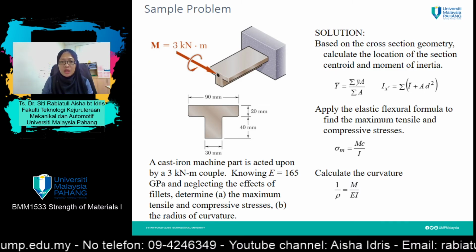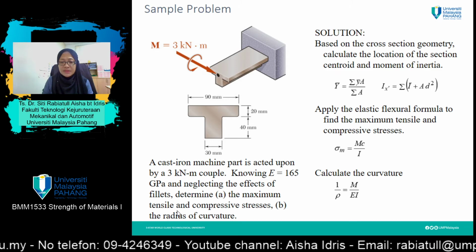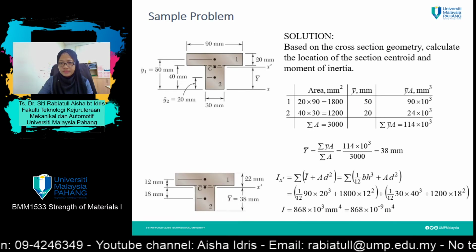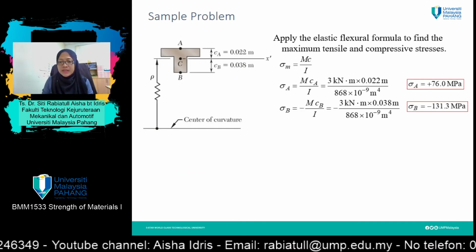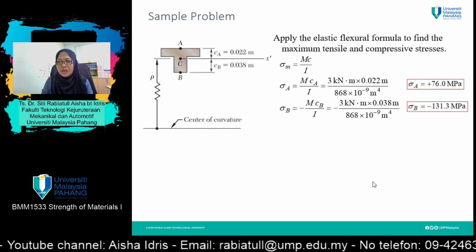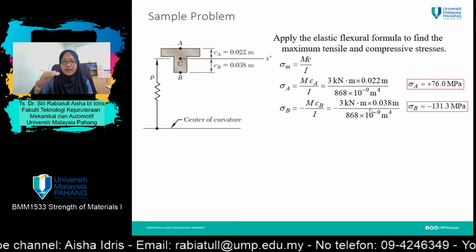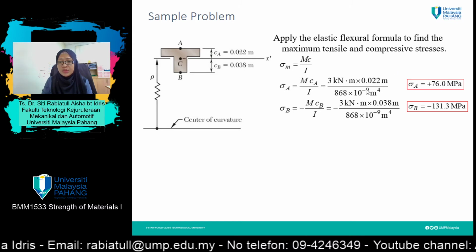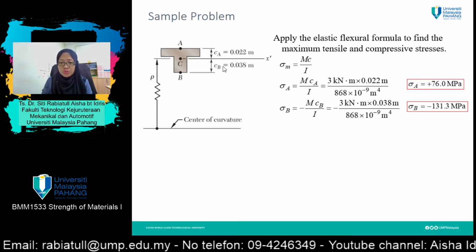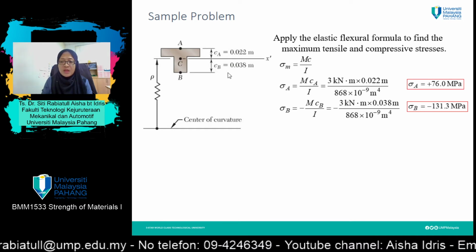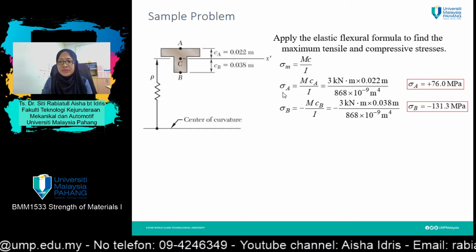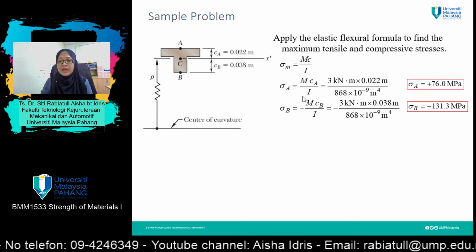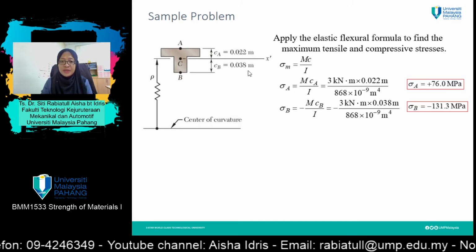The question asks you to find the maximum tensile and compressive stresses. The maximum tensile part is the upper part of your component, which is c equals 0.022 meters. And for compressive stress, which is below your y bar, c equals 0.038 meters.